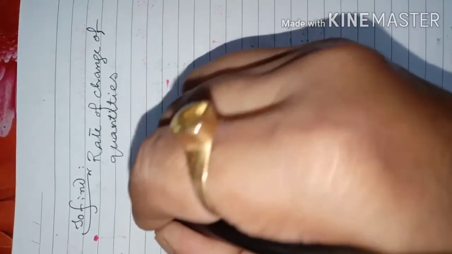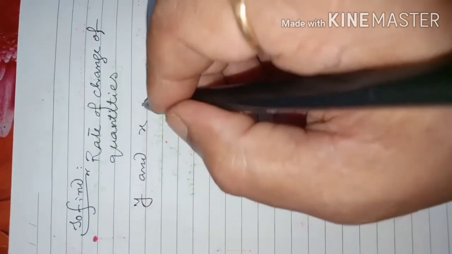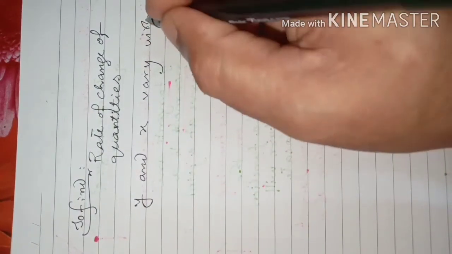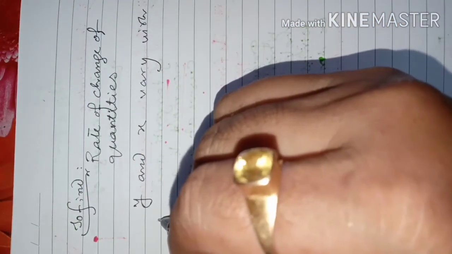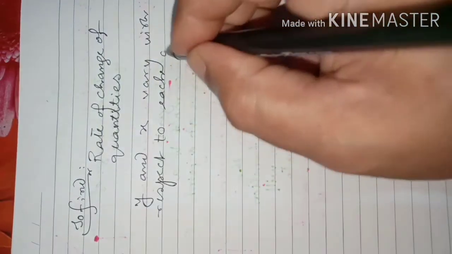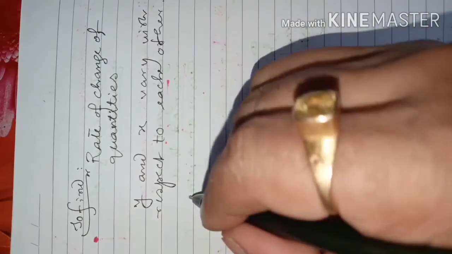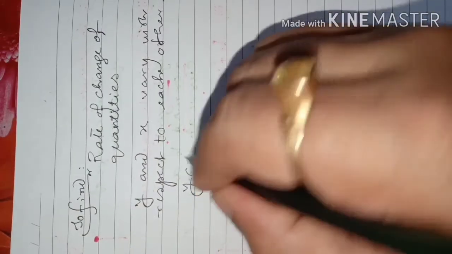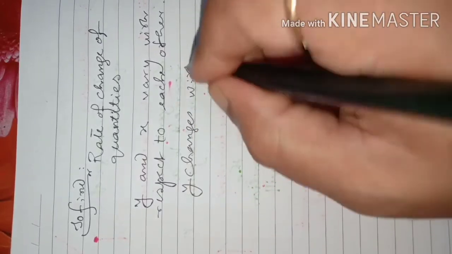Suppose y and x are two quantities. y and x vary with respect to each other, and y changes with respect to x.